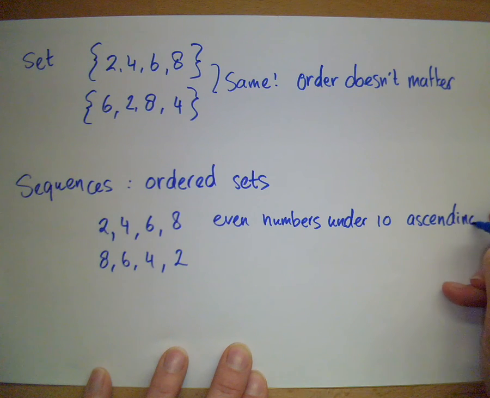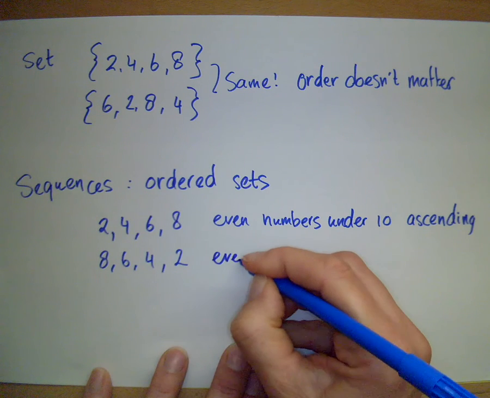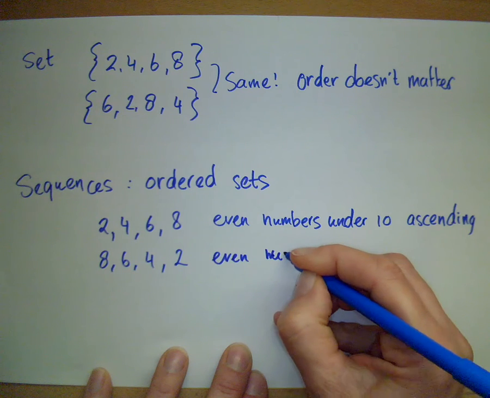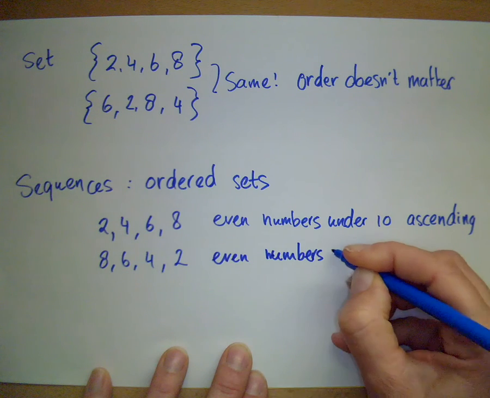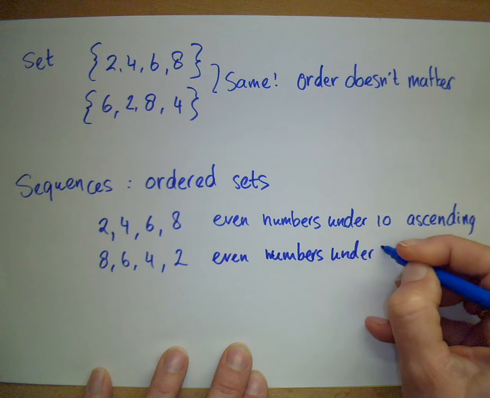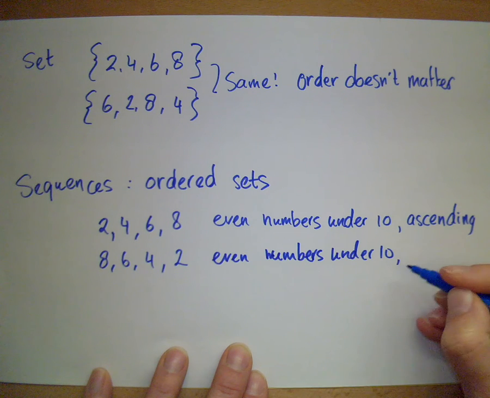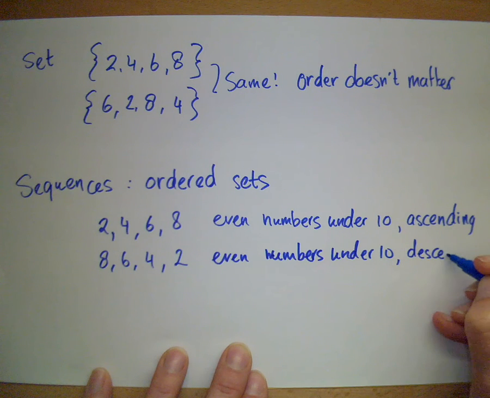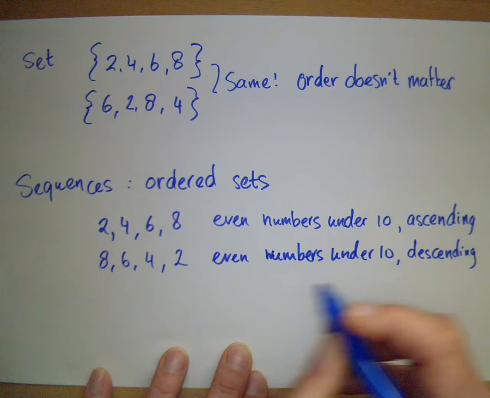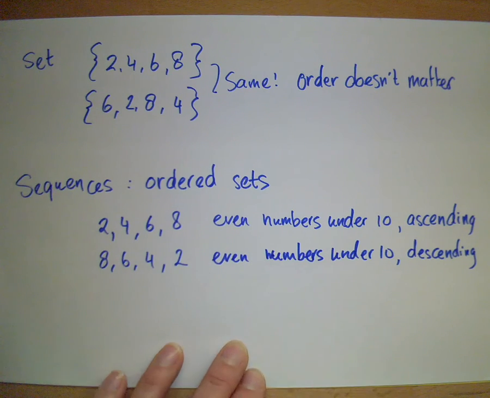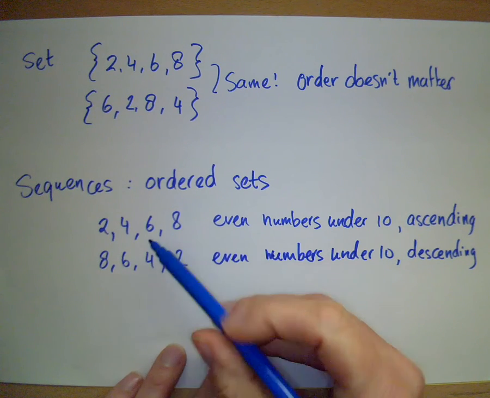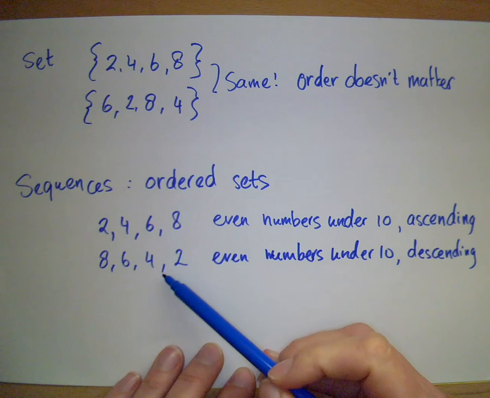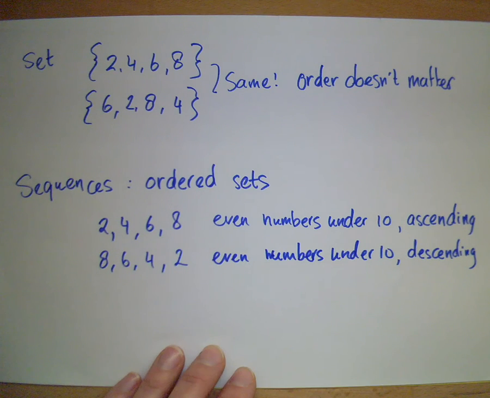These are the even numbers under 10, so not including 10, descending from high to low. Two different sequences because they're ordered sets. The order does matter. Okay.